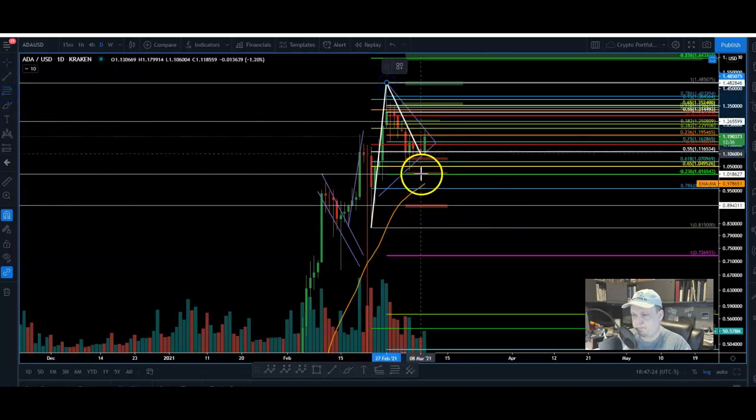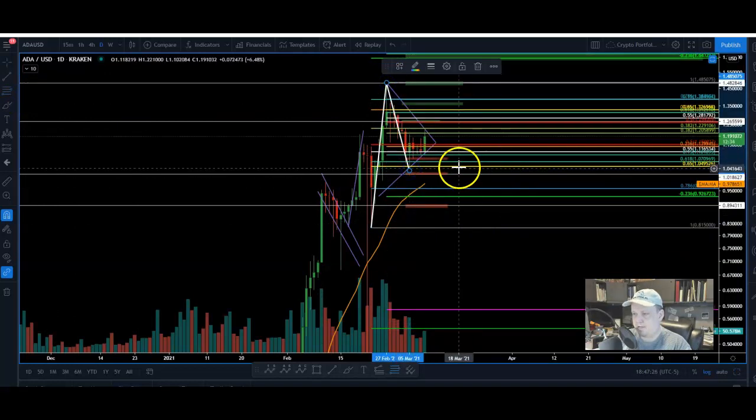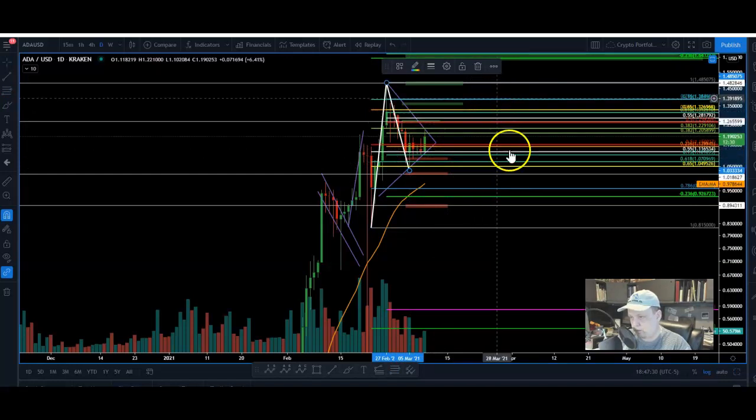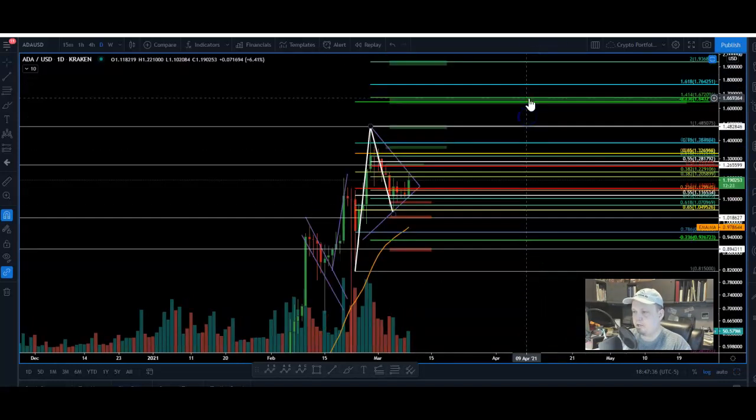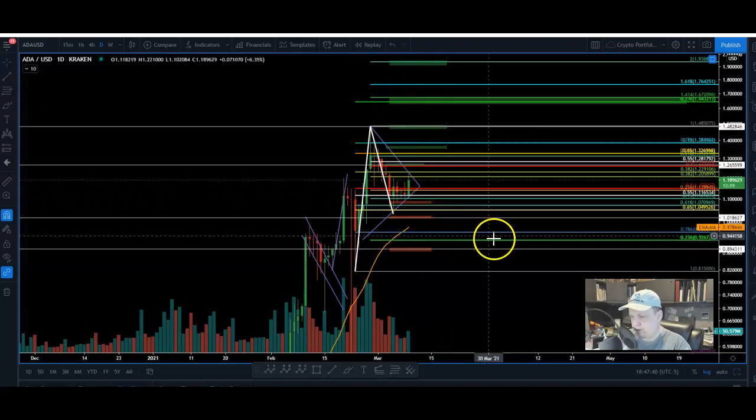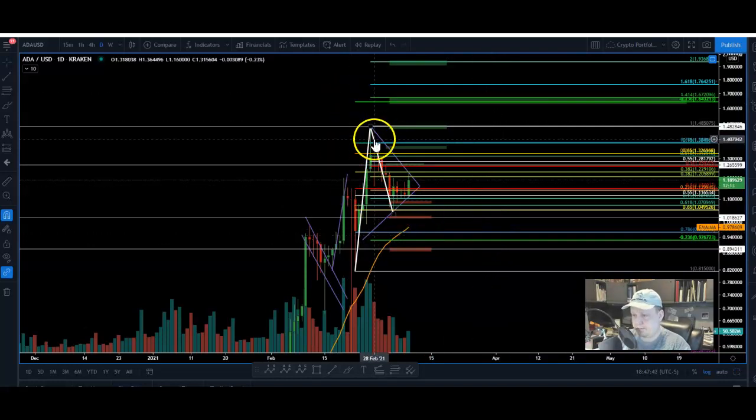You draw that in, and now you can see there are two ranges of the 0.618 on both sides where price action might bounce between these two for a little bit. And if it breaks out on the upside, then it's going to go here. And if the bears take control, it might come down to here, this green negative 0.236. So those are just a couple ideas that I'm seeing here on the chart.